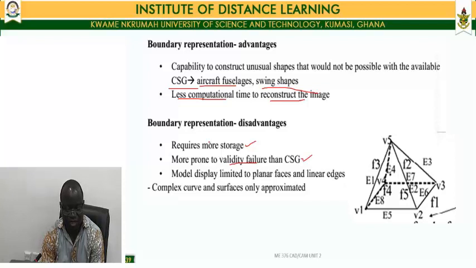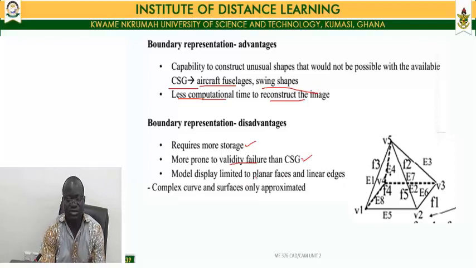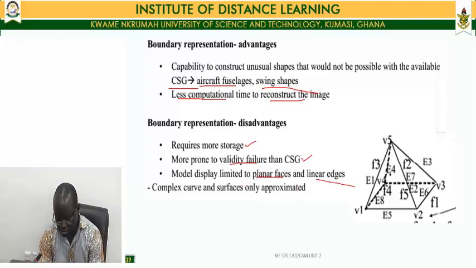The model display is also limited to planar faces and linear edges. When you have very complex curves and surfaces, what you see on the screen is only an approximation.